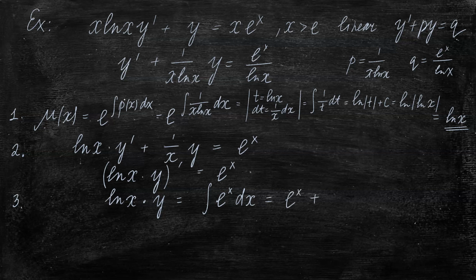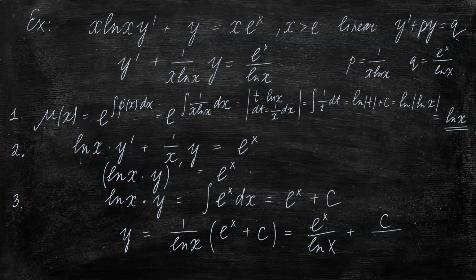It's just e to the x plus c, and we finally isolate the y by dividing everything by the integrating factor, and the final answer can be written, I don't know which of these two expressions is simpler, but both of them give us the general solution of this differential equation.